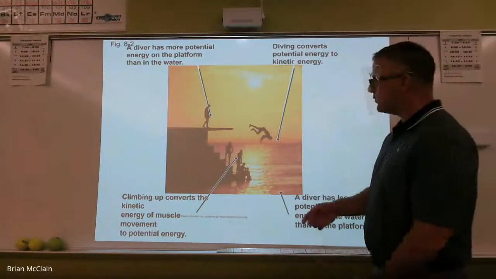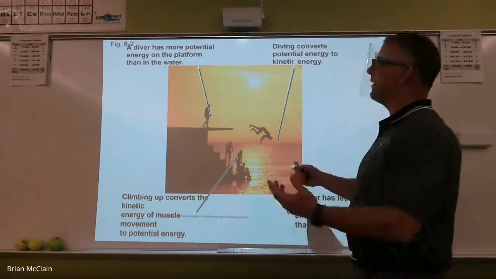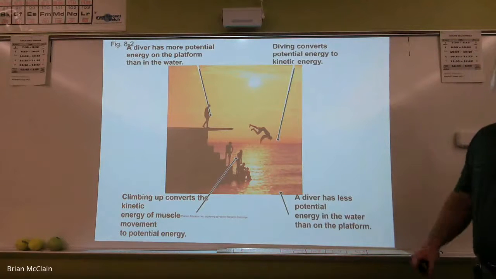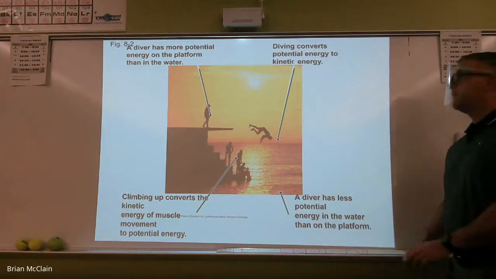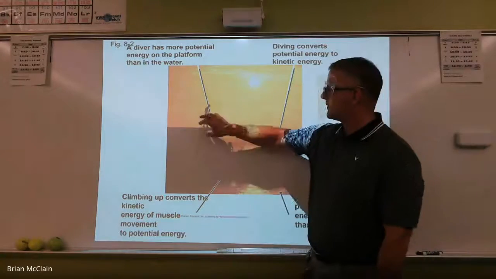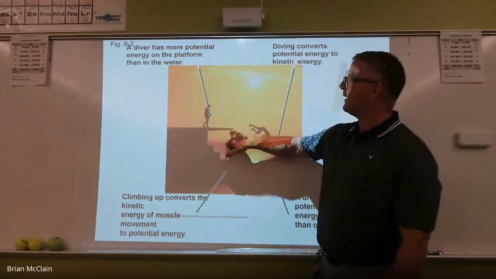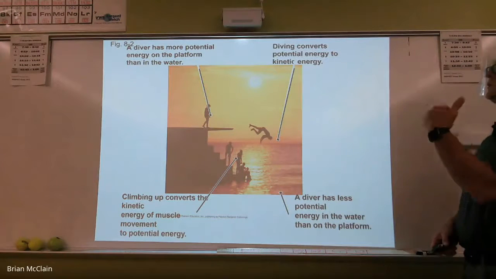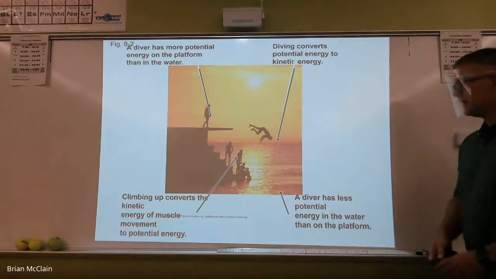So this picture is obviously a very basic set of descriptions as far as what's going on here, but it just shows us how energy transformations can take place. So at this point, he's at maximum potential. As he's falling, he's reducing potential, increasing kinetic.